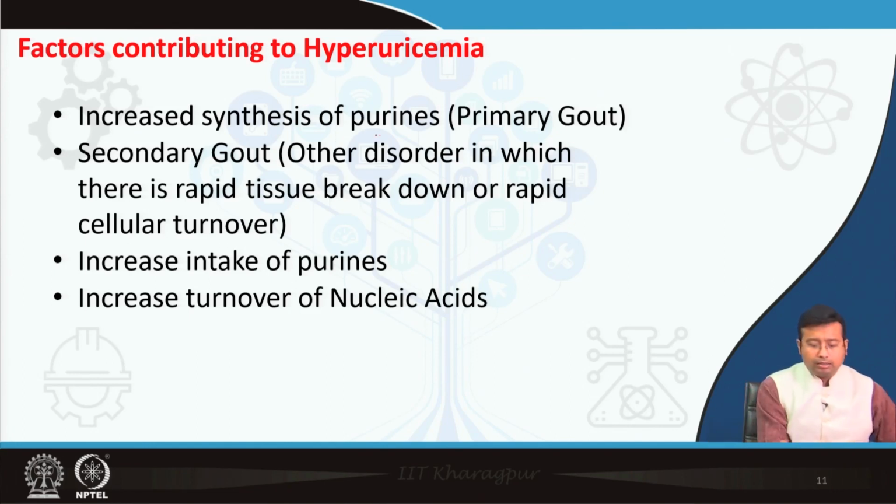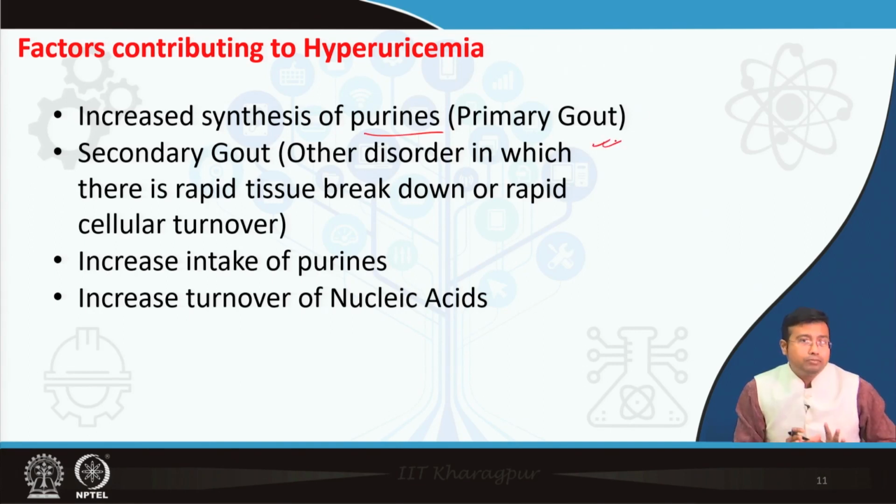Number one, increased synthesis of purine, which is also known as primary gout. There is a process by which the normal metabolism of nucleotides is enhanced. What is secondary gout? Secondary gout means there is overproduction of uric acid, not due to a change in the pathway.